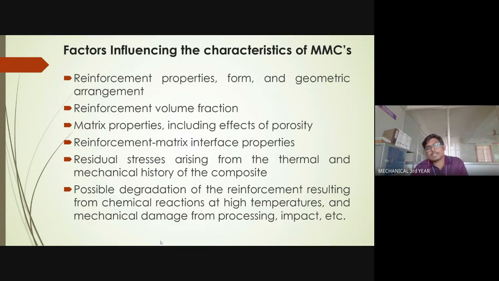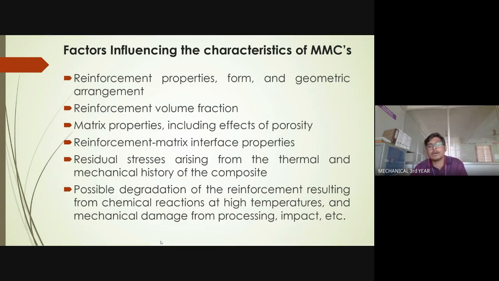The next thing is matrix properties, including effects of porosity. Porosity has to be considered here. Then reinforcement-matrix interface properties and the residual stress arising from the thermal and mechanical history of the composite. And a possible degradation of the reinforcement resulting from mechanical reaction. Degradation in the sense the material is subjected to shrinkage.